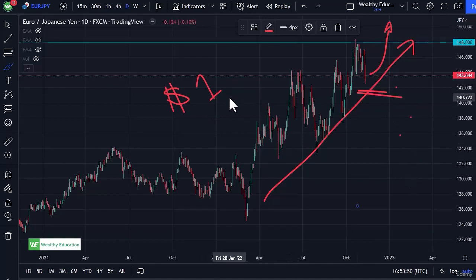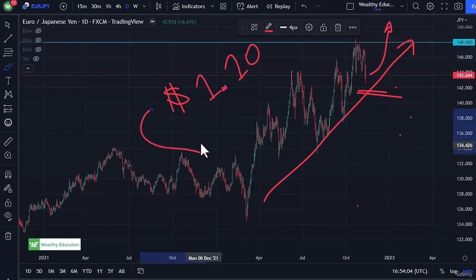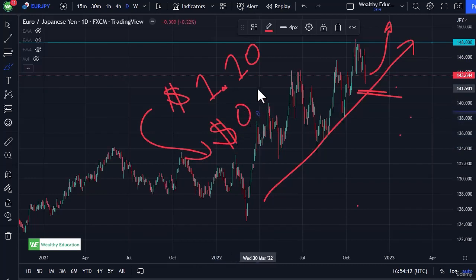If that's the case, and you go on about your day, not worrying about it or checking the platform every 10 minutes, maybe move up to $1.20 a pip. Conversely, if you find yourself still a little bit nervous about it, bring it down to 50 cents a pip.